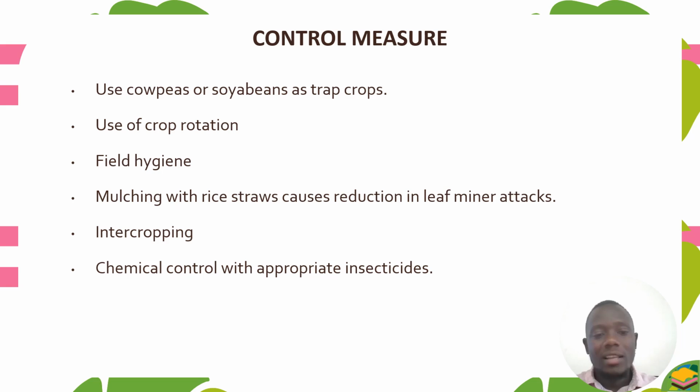The mulch acts like a physical barrier so that the groundnut leaf miner cannot access the groundnut, so it reduces the attack. Then I've got intercropping. Then I've got chemical control with appropriate insecticides. So these are some of the control measures of groundnut leaf miner.